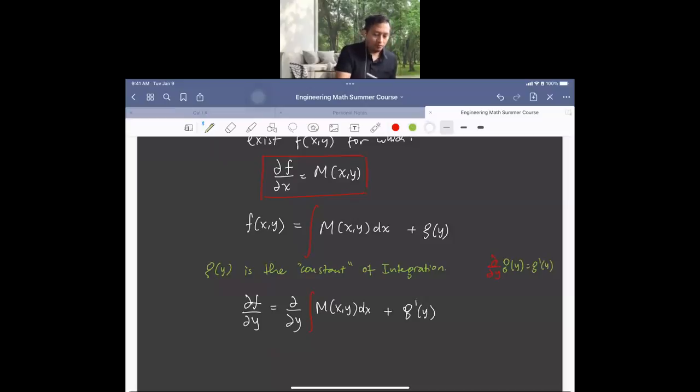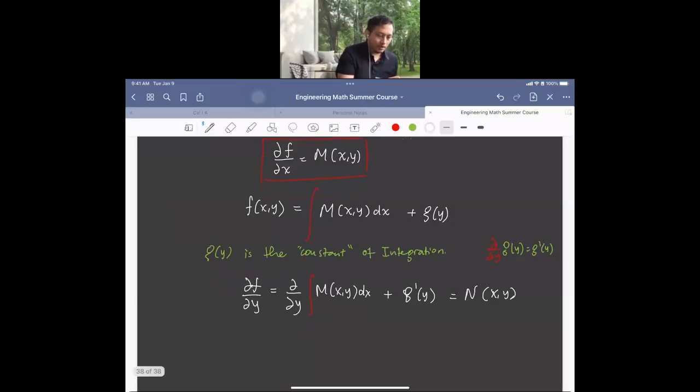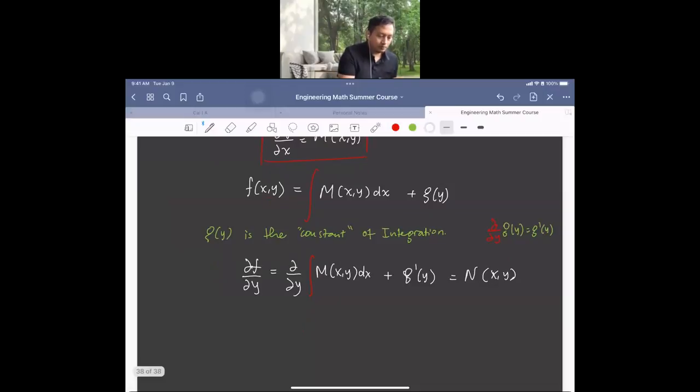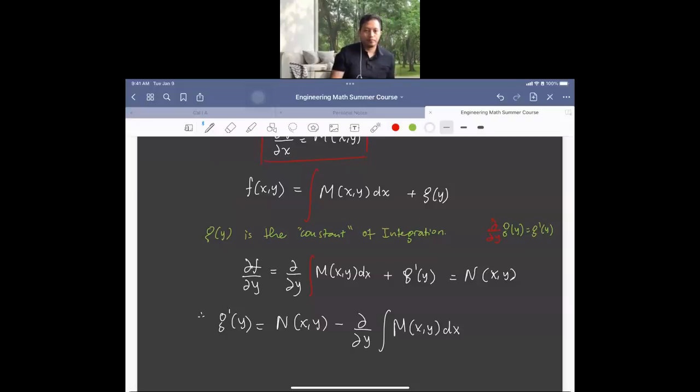So let me write g prime y right here. And this is supposed to be equal to the N, so the whole thing is equal to N. Now, this gives that g prime y is N minus partial y of this.